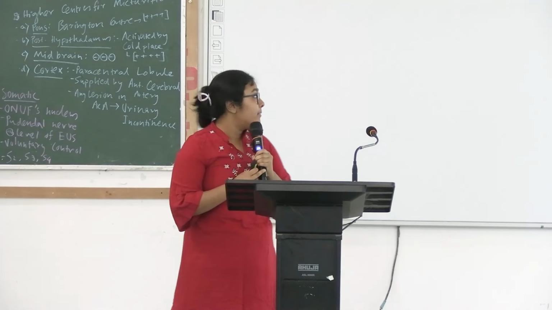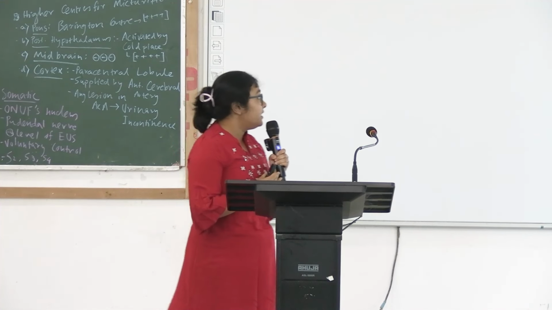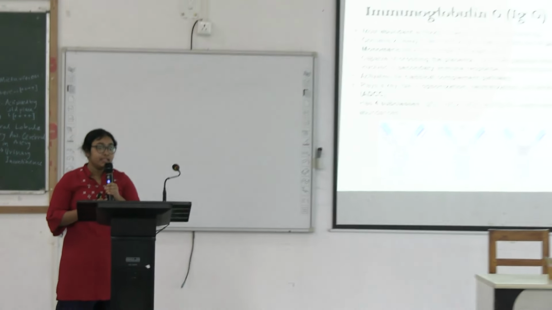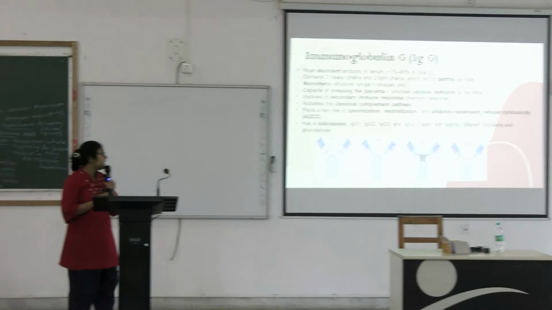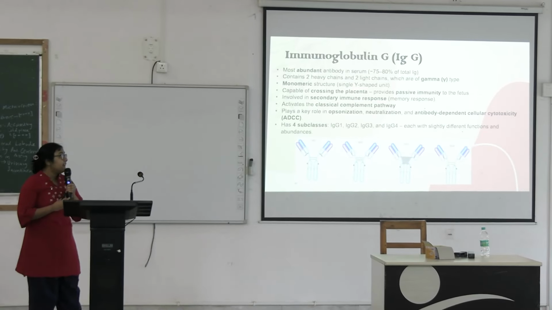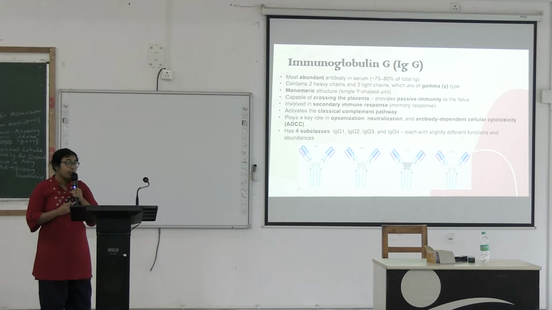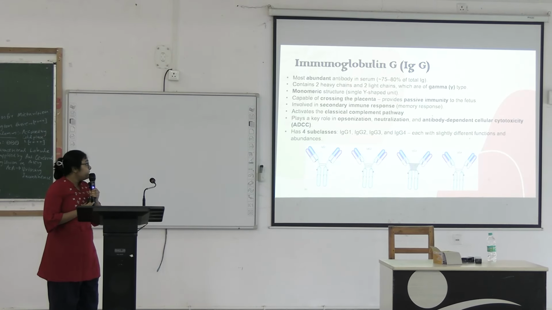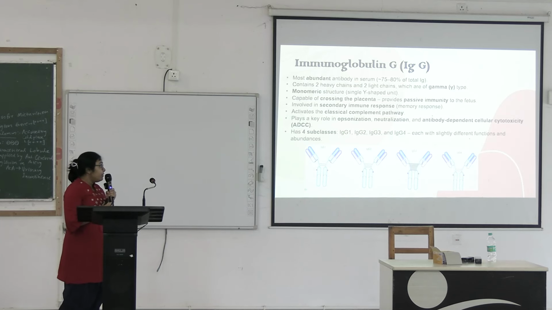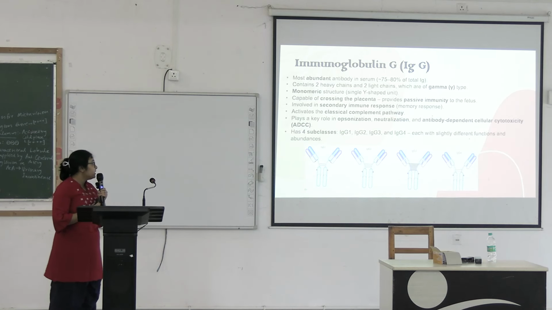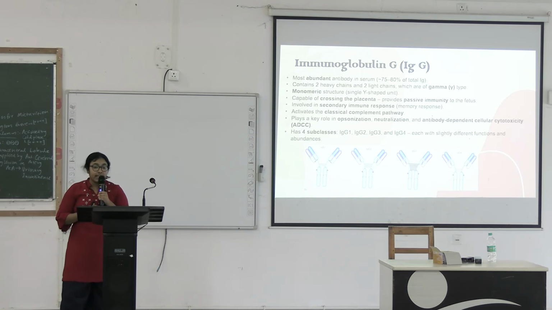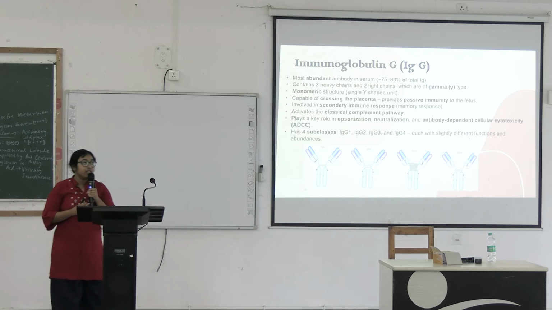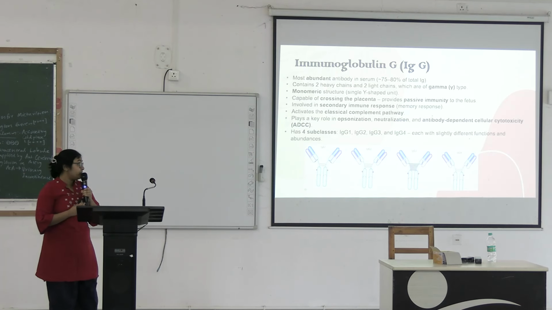So next, immunoglobulin G, most abundant antibody in serum, 75 to 80% of total Ig. Contains 2 heavy chains and 2 light chains which are of gamma types. Capable of crossing placenta, provides passive immunity to the fetus, involved in secondary immune responses which is also called anamnestic responses.